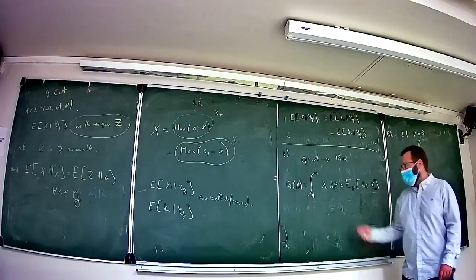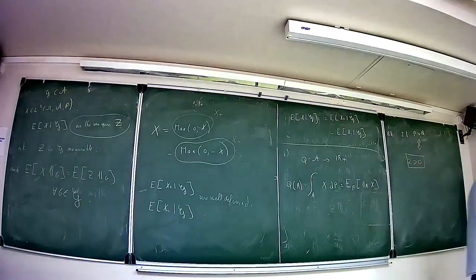Okay. So what I want you to prove is that Q is bounded, first. And secondly, that Q is a measure, that is a positive measure, that is something that fulfills the sigma additivity property: if you have a sequence of pairwise disjoint sets, Q of the union is equal to the sum of the Q. That is the meaning of the question.